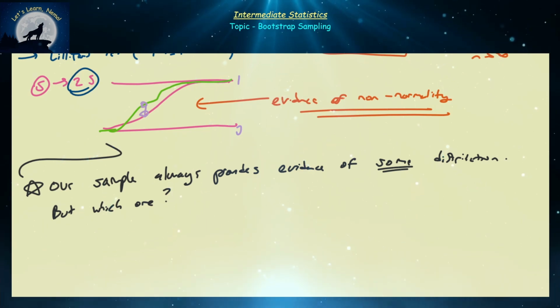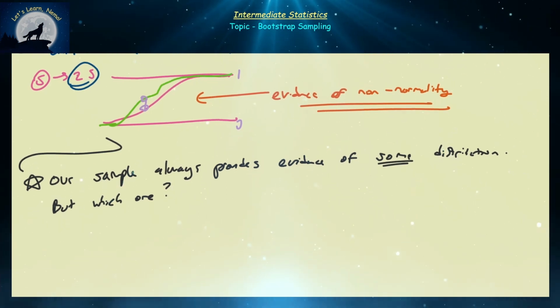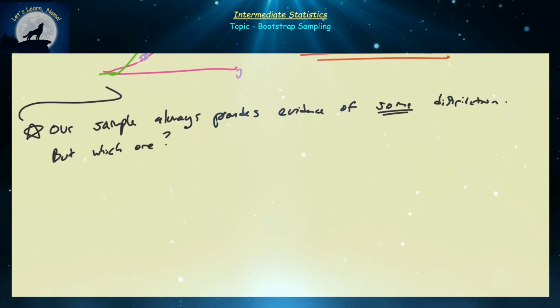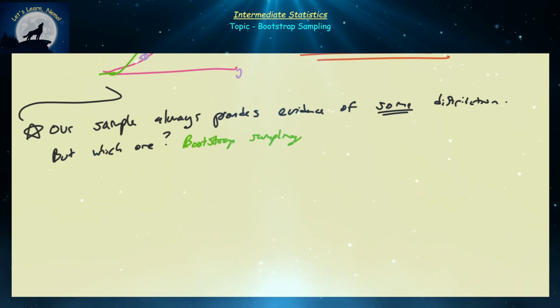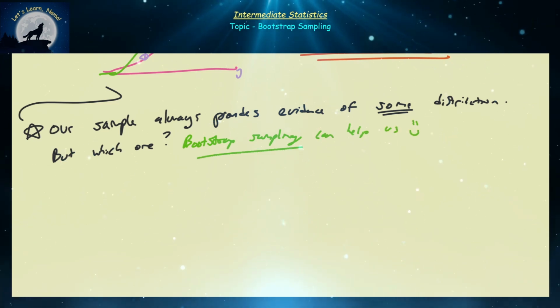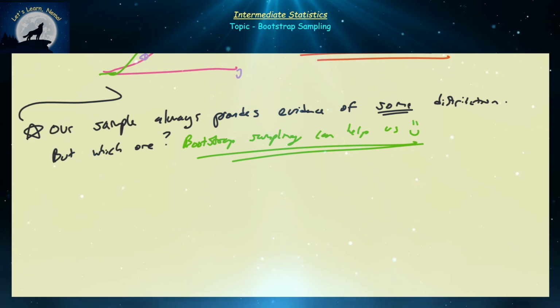The method that is used to build or estimate this probability density is what we call bootstrapping. So bootstrap samples or bootstrap sampling can help us with this. And that's the method that I want to talk about today.